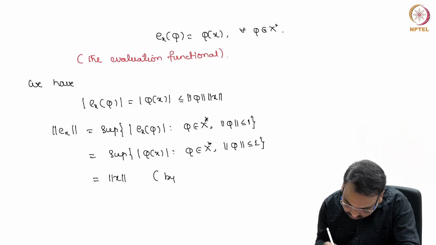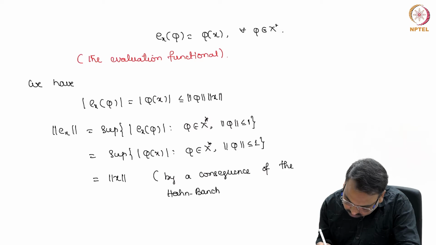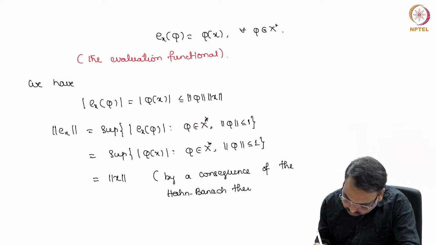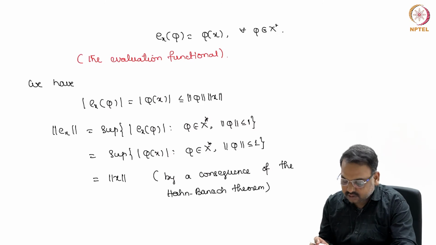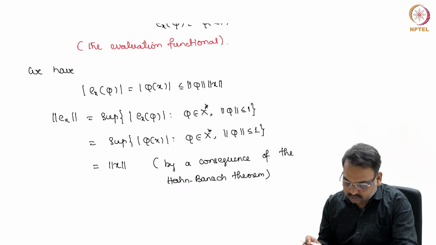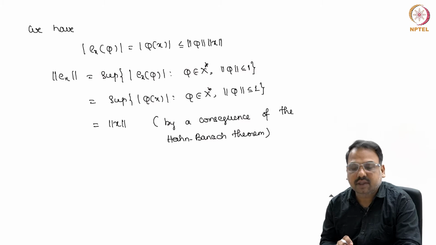This follows by a consequence of the Hahn-Banach theorem. There exists a functional phi such that norm phi is 1 and phi of x equals norm x. So by that result we can conclude that norm of E_x equals norm x.